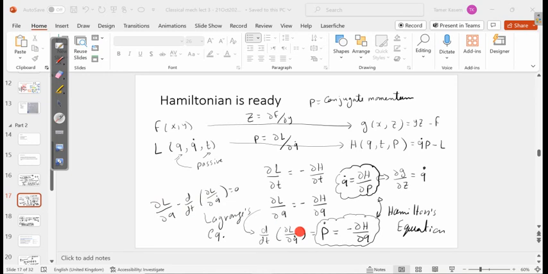Partial L by partial Q dot was simply P. So simply d by dt of P, that is P dot, is equal to negative partial H by partial Q. Please watch carefully this equation for Q dot in terms of the Hamiltonian and the conjugate momentum, and for P dot in terms of the partial derivative of the Hamiltonian with respect to the degree of freedom. These two equations are called Hamilton's equations. Okay, they are first order equations in terms of the degree of freedom and the generalized momentum, or the conjugate momentum.